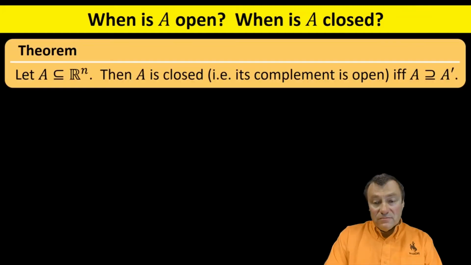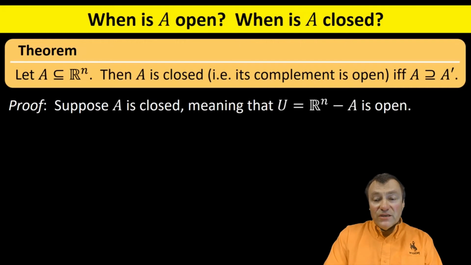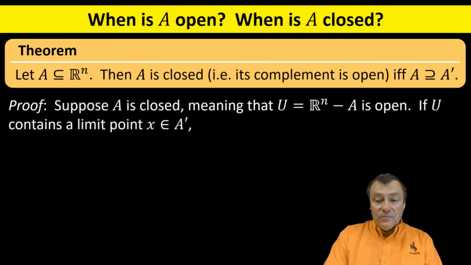It's not hard. Here's the statement as a theorem. We'll prove this first in the forward direction. Suppose A is closed. So if I denote the complement by U, then U is open. I'm trying to prove that A contains all its limit points.